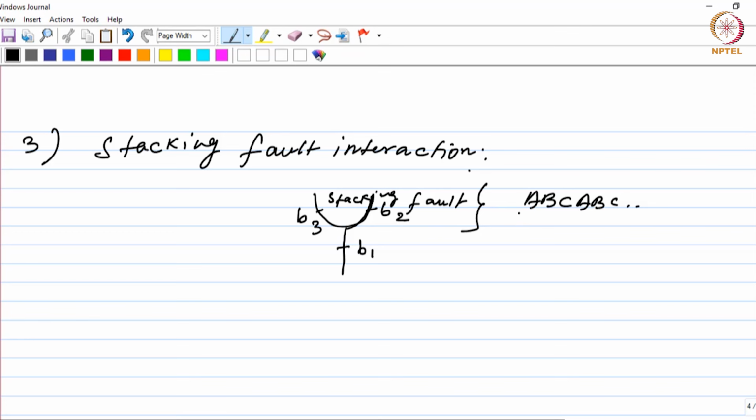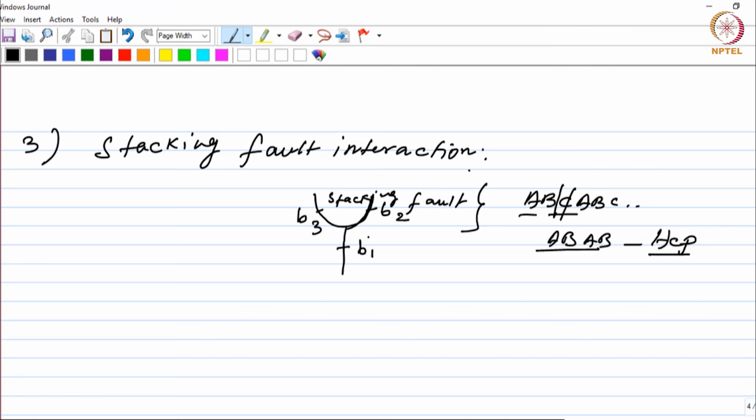If you talk about an FCC lattice, while the parent metal is FCC, the stacking fault will become ABAB, because this stacking fault will remove, let's say, this C layer, so it might become ABAB, and ABAB stacking is nothing but a hexagonal close packed structure, an HCP structure, right?